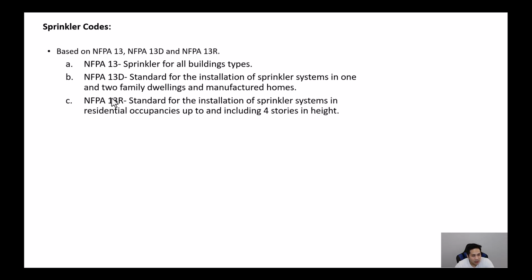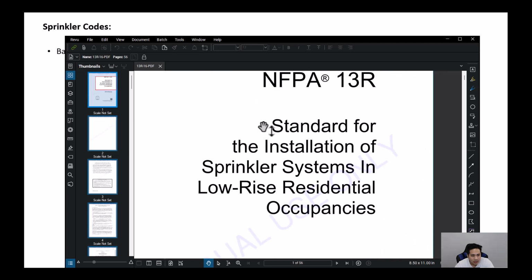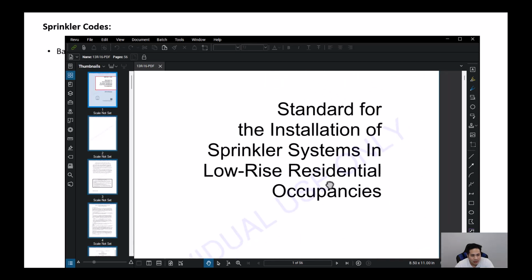There's also a 13R, which is also for residential buildings, but for 3-family and up, this code can be used. And it is up to and including 4 stories in height. So if you go into this NFPA 13R, you can see it's the standard for installation of sprinkler systems in low-rise residential occupancies.